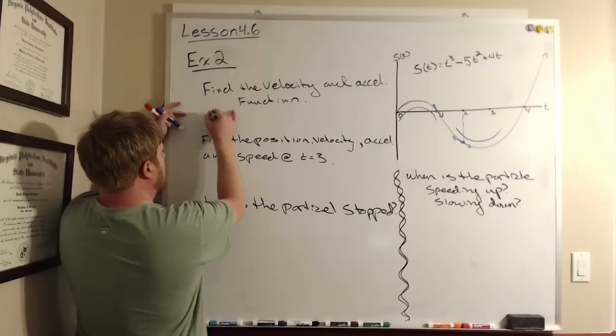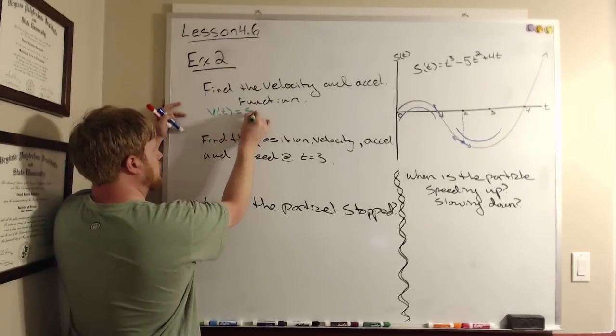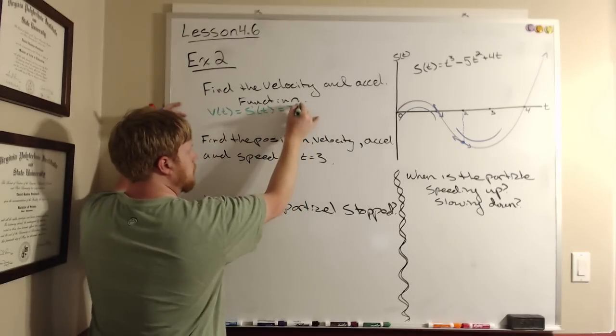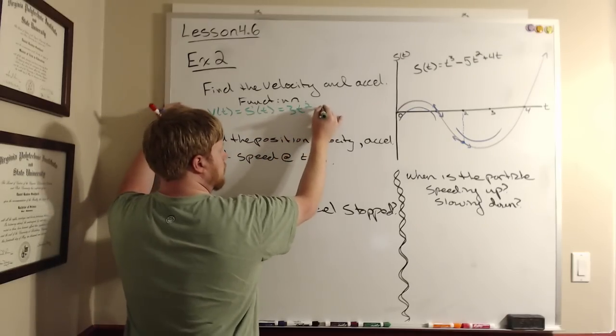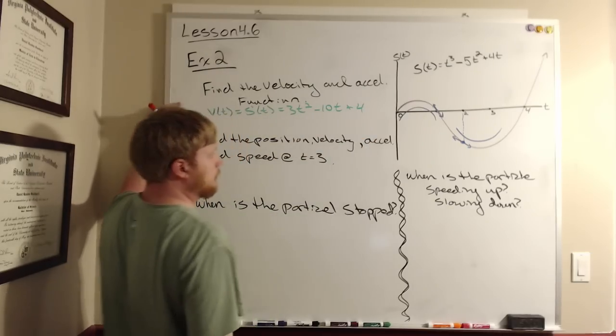So the velocity is just the first derivative of position, which in this case is 3t squared minus 10t plus 4.